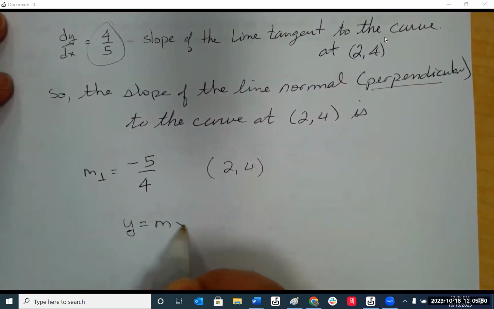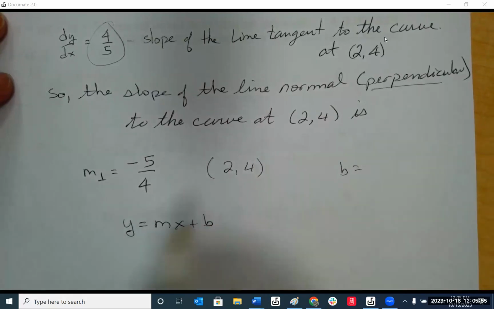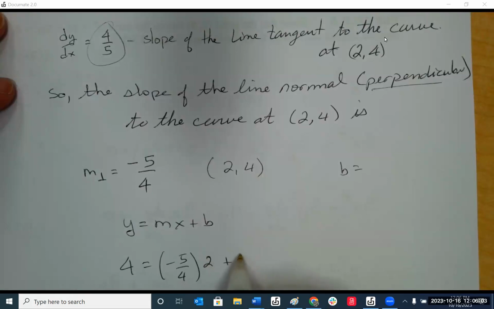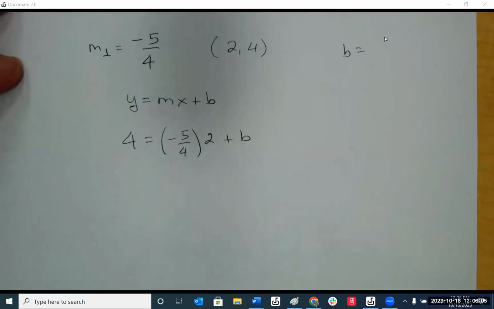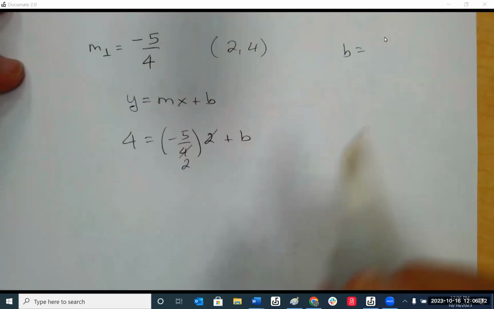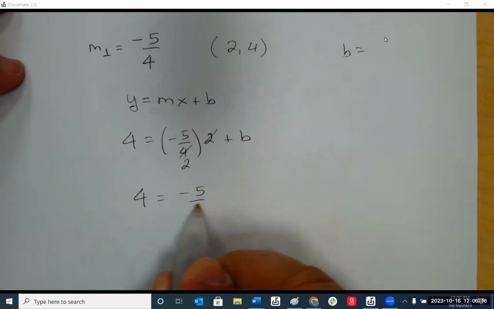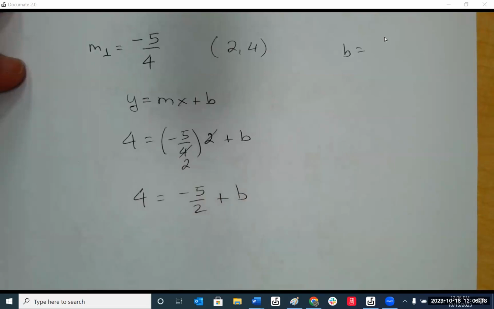So y equals mx plus b. We don't know what b is, so we plug that stuff in there and solve for b. 4 equals negative 5/4 times 2. The 2 and the 4 cancel. 4 equals negative 5/2 plus b.